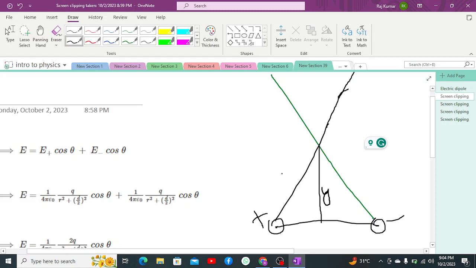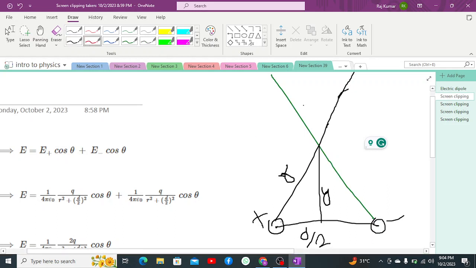Here this can be considered as a radius distance, and on the other hand this is the complete diameter, the axis between the two charges. Now half of the diameter can be written as d upon 2, right? On the other hand, an angle is formed.